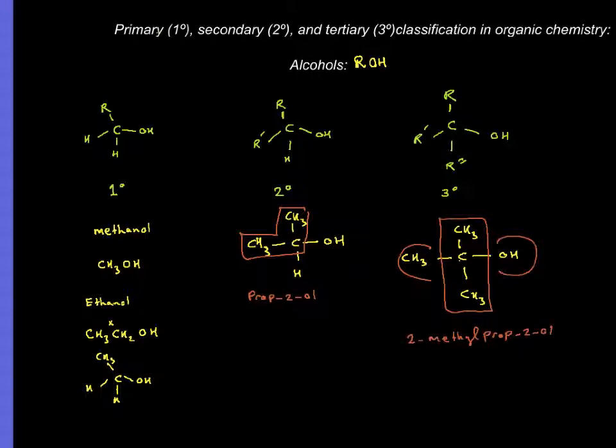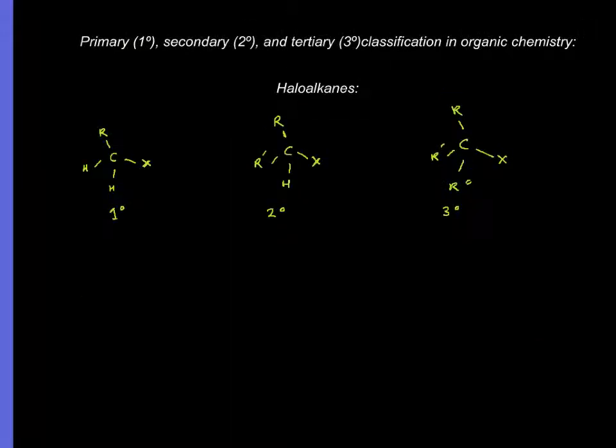Next, let's look at haloalkanes. Now haloalkanes are RX. Now remember, X is either chloride or bromide or iodide. So in the case of a primary haloalkane, you have all hydrogens attached to that carbon or only one alkyl group.